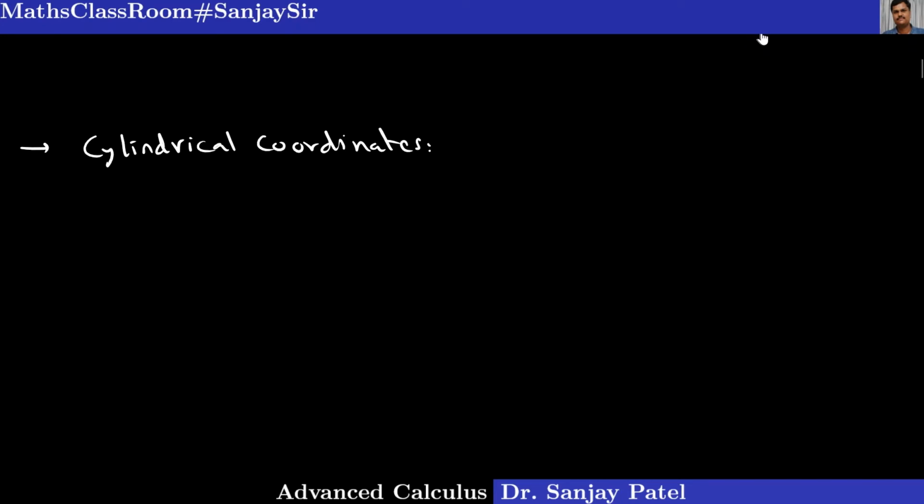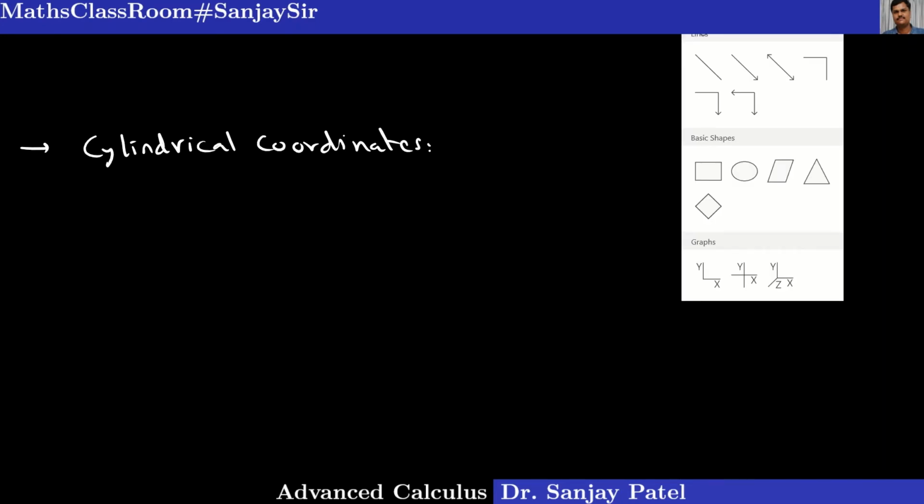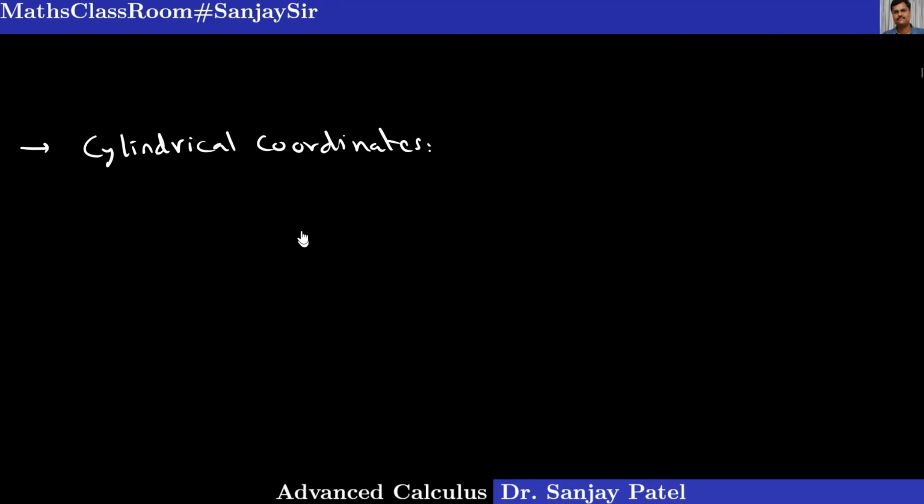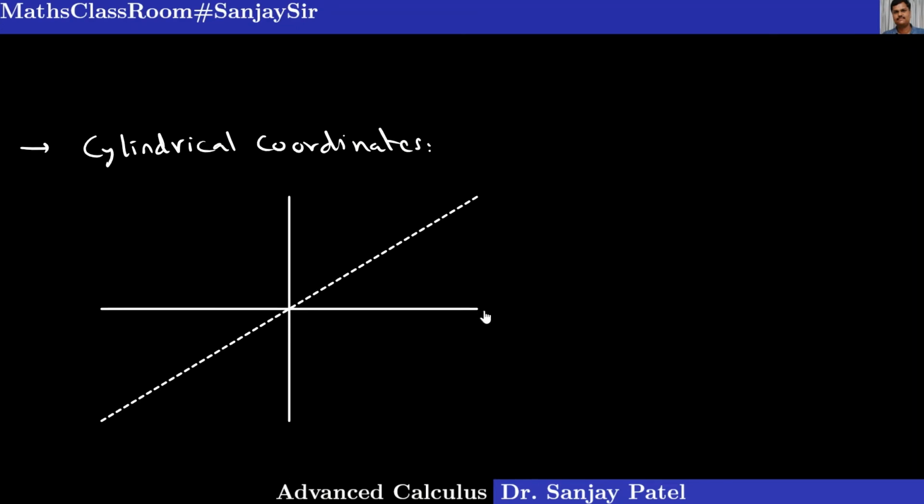So suppose this is the origin, this is the x-axis, this is the y-axis, and this is the z-axis. Any point is given in the space, then what we do is we draw a perpendicular from this point P in 3 dimensions onto the xy plane.